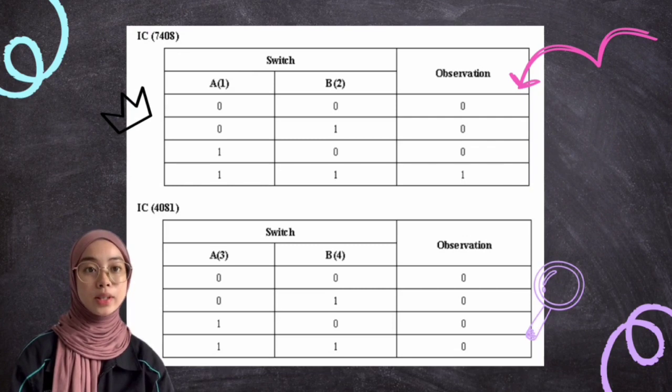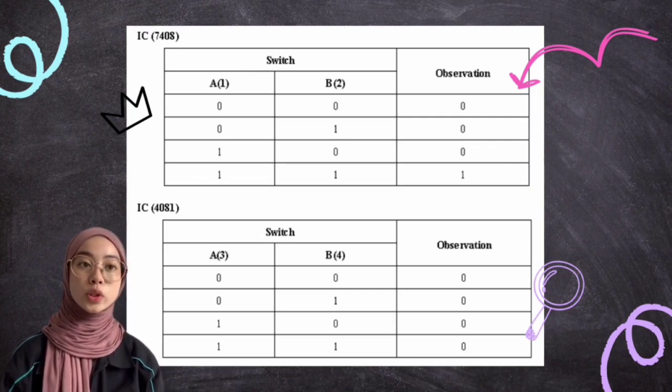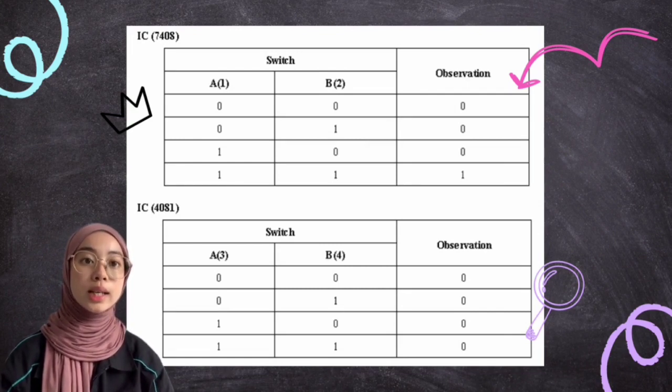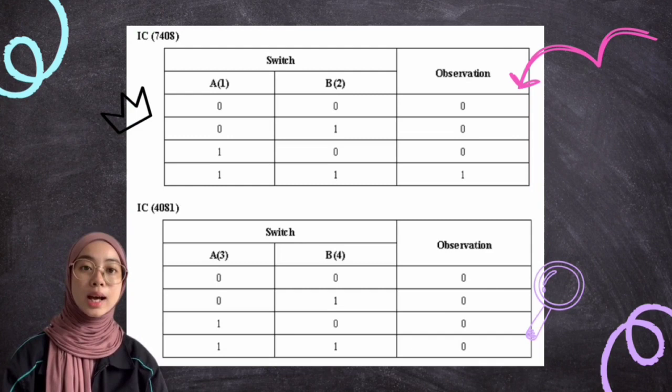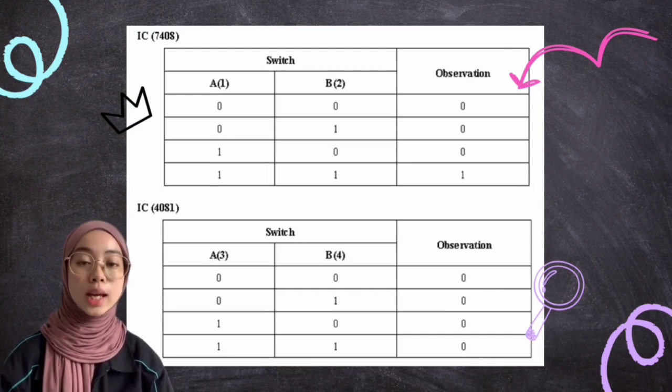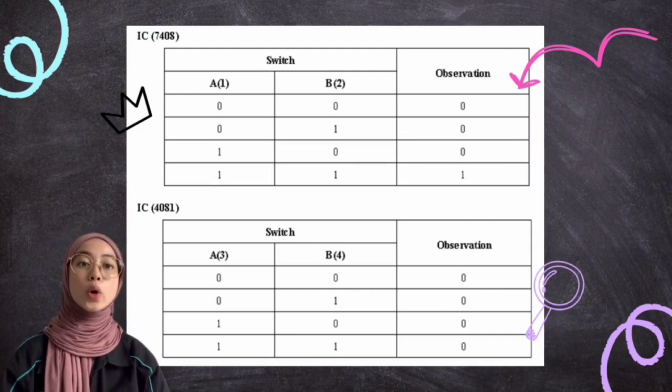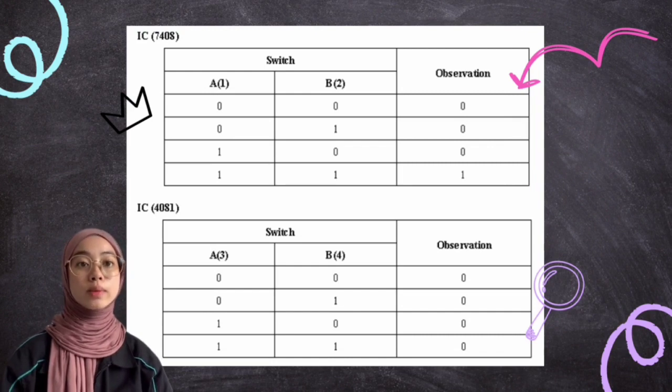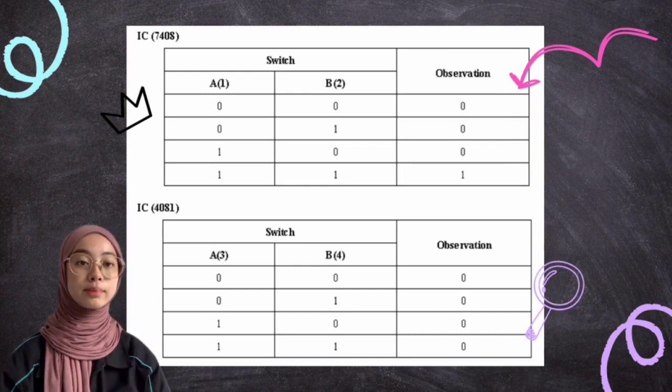For the third observation, switch A is 1, which was closed, while switch B is 0, which was open, so we observe it is also 0. For the last observation, both switches A and B are 1, which were closed, so we observe it is 1.